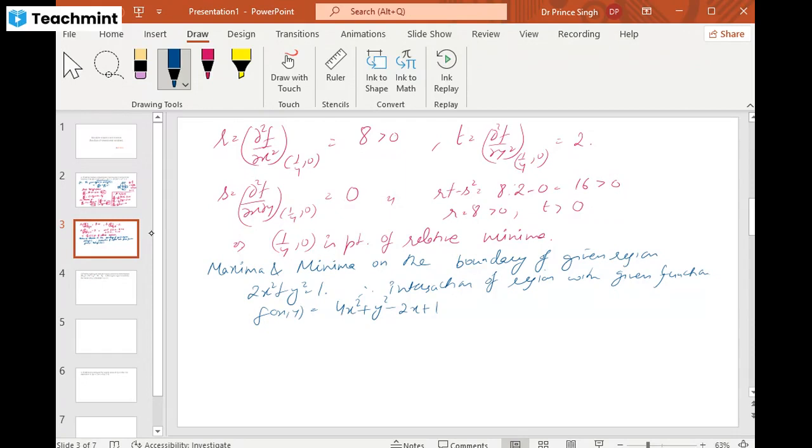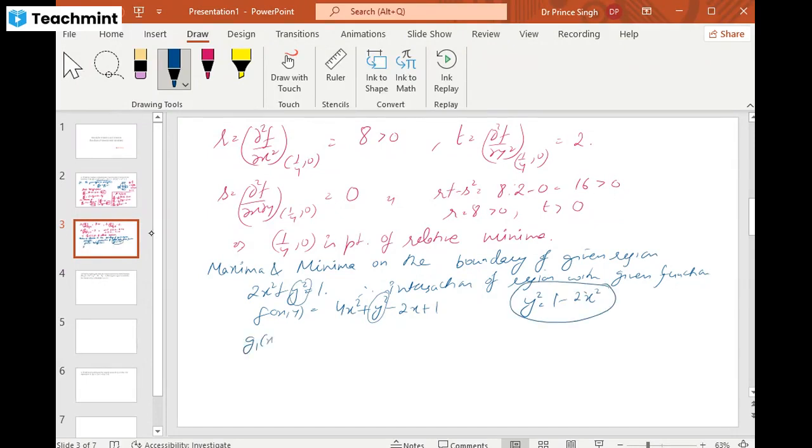Either I can get the value of x from here and substitute here, or the point of intersection, because it is easy to find the value of y² from here, because in our function f(x, y) there is only a term y², so we can easily get the value of y² in terms of x. So if I consider y² = 1 - 2x² and we substitute here, then what do we get?